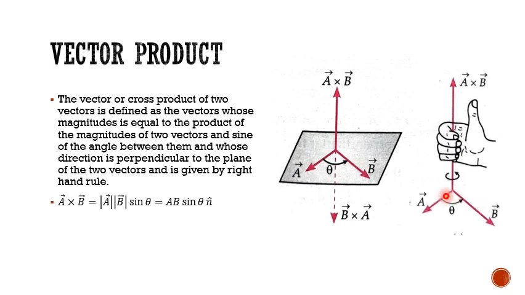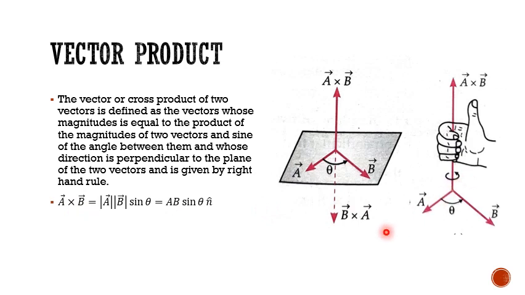Now, whenever we need to measure the direction of the cross product, or when we need to know in which direction our resultant vector will be, since in the question they have given your A vector and your B vector and the angle between them theta, what you will do is take your fingers. Now you will see from which direction to which direction is being multiplied, from A vector to B vector.